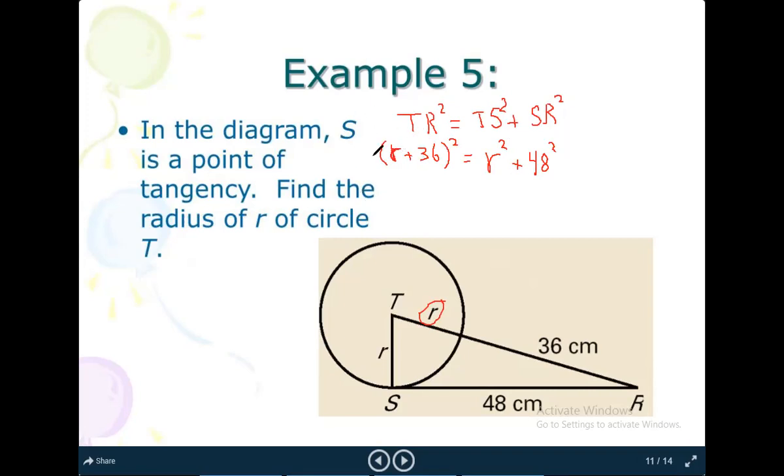Now we have to expand. We studied perfect square numbers. Then R times R, it will be R to the power of 2 plus 36 times 36. It will be how many? 1,296. Exactly.